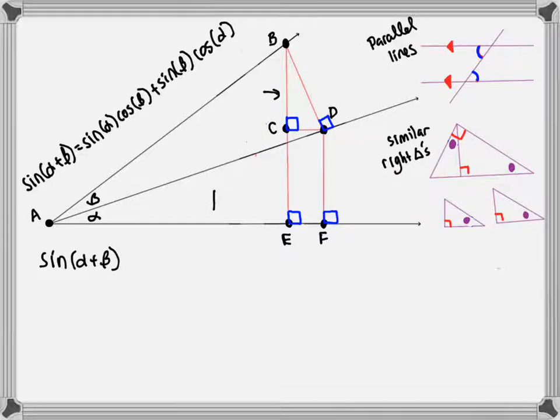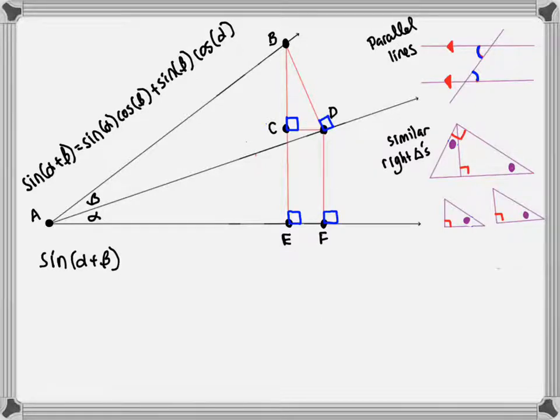Then I drew a line right here, BD, that is perpendicular to ray AD, and then we have a line right here, CD, that is going to be perpendicular to the line that we drew, BE. So, lots of information, and this is going to be the slickest setup, and you'll see why that is.